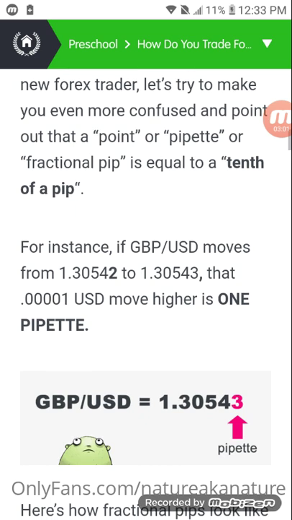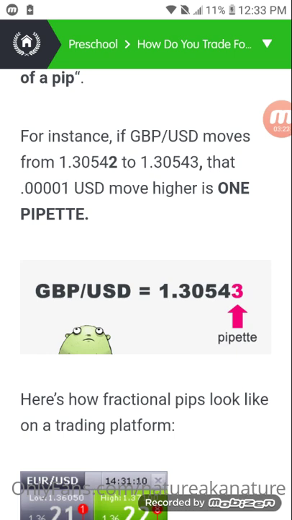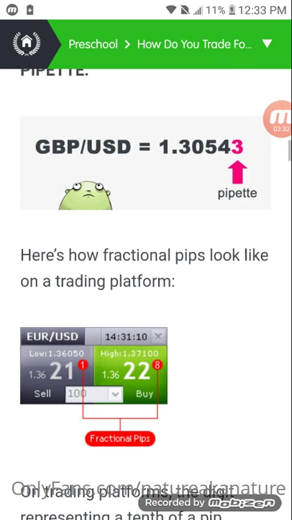For instance, if the pair moved from 1.30542 to 1.30543, that is 0.00001 USD, which moves higher by 1 pippy. It's just 1 pip still. It's another word you can use. They use pippies as fractional pips on a trading platform. It would just be 1 pip. It's the same thing.